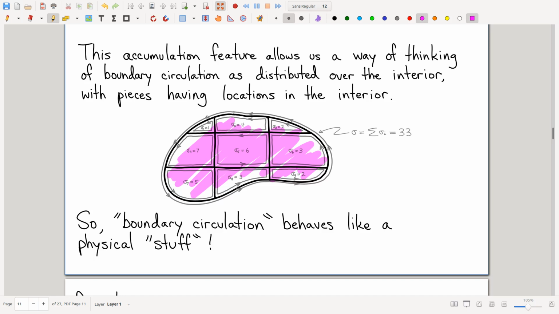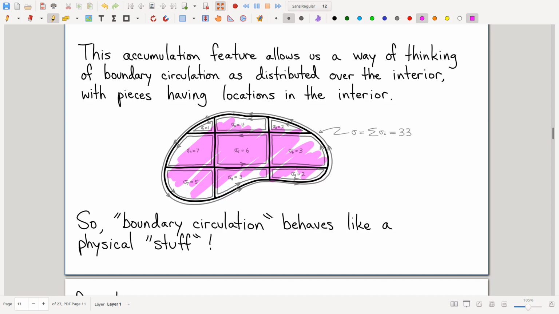And this is an important point of view. After all, it is only because we start with a region that we even need to bother saying the word boundary, right? This two-dimensional region is something that when I take boundary and look at the circulation on that boundary, then I get the quantity in question.